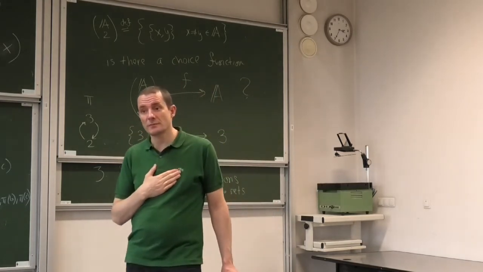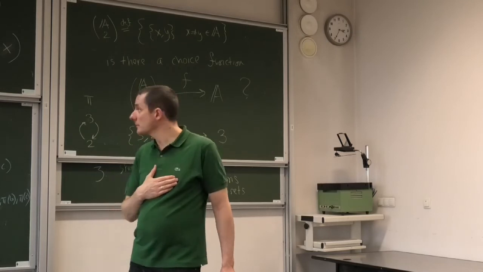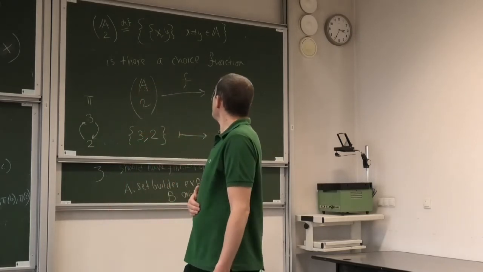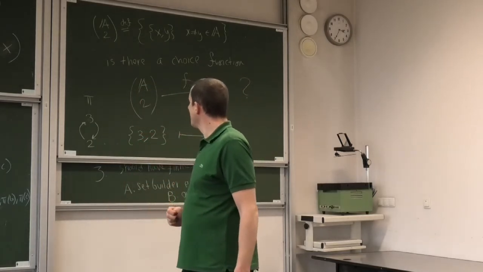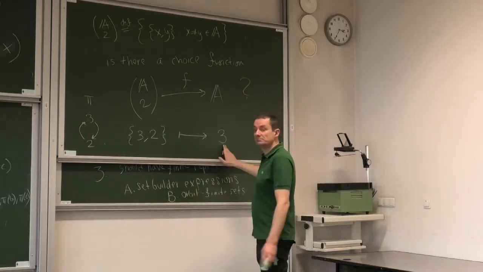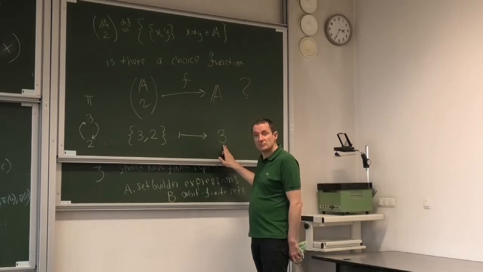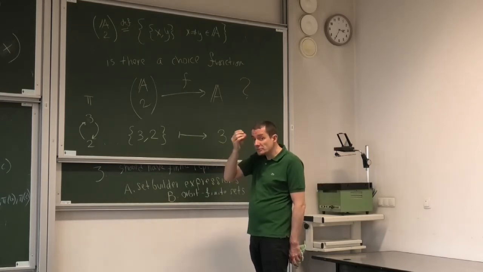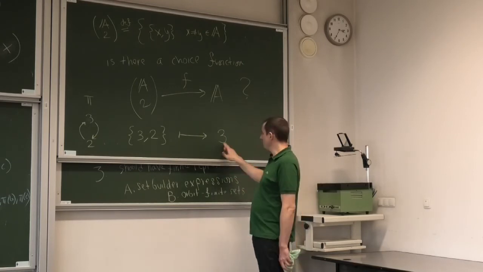Can you define any function for this set? Like, no. What's the signature? Well, you can. You can define a function which takes everybody to 3. So we need a constant. With constants, yes. Without constants, you cannot define any function. With constants, you can take everybody to 3.